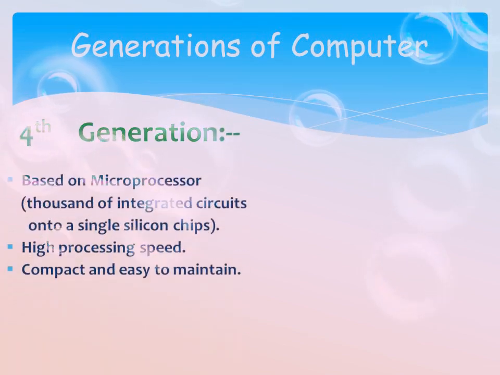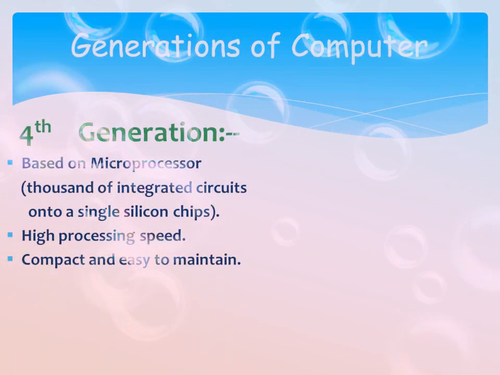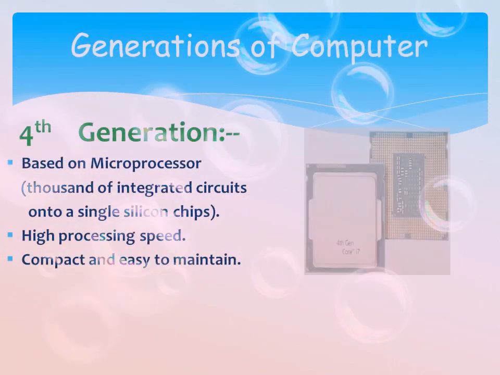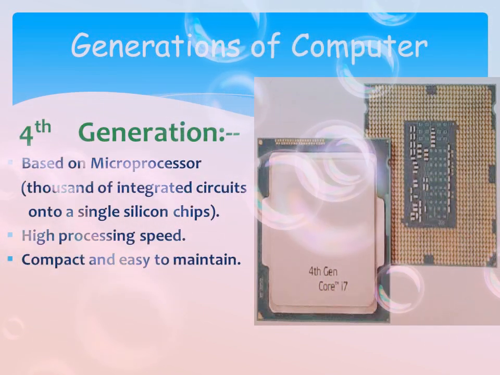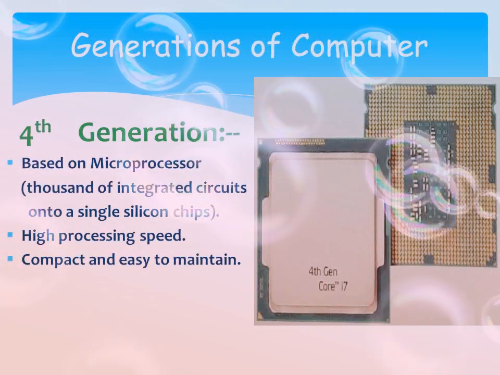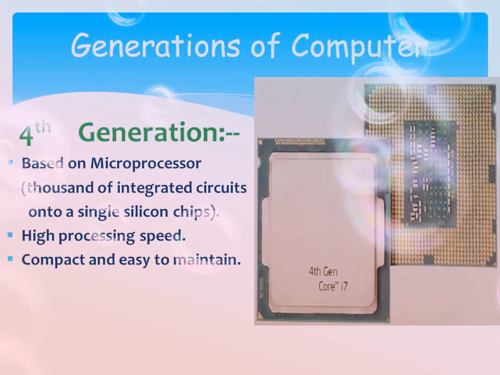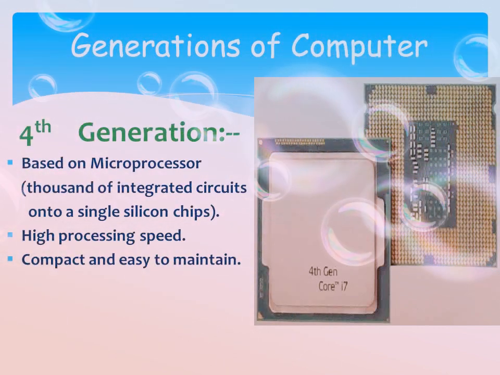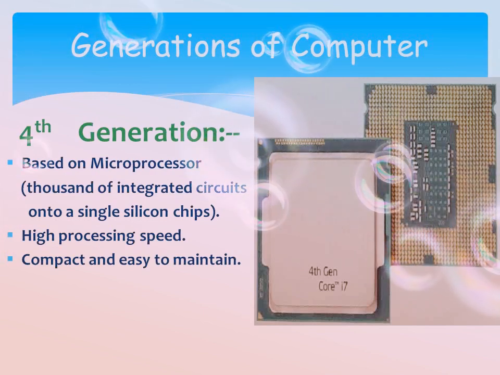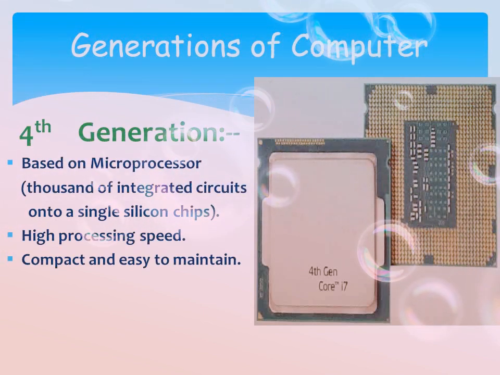And next one is fourth generation computer. Fourth generation computers are based on the microprocessor. Microprocessor is a technology of placing thousands of integrated circuits onto a single silicon chip.